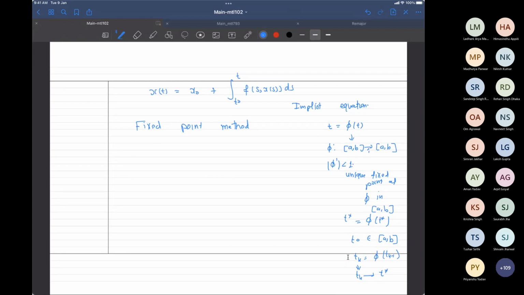More precisely, we'll define a sequence of functions: x naught, and then x_k(t) will be equal to x0 plus the integral from t naught to t of f(s, x_{k-1}(s)) ds.